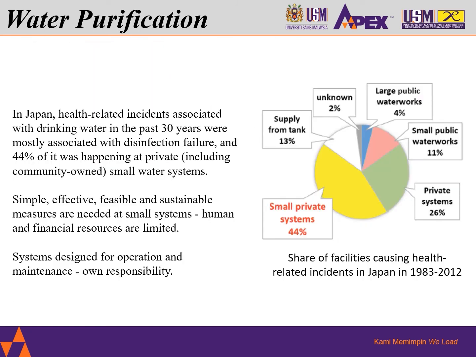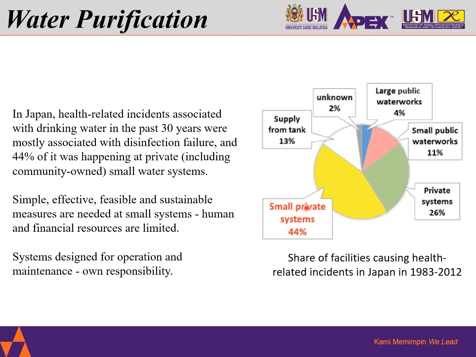In Japan, health-related incidents associated with drinking water over 30 years were mostly associated with disinfection failure. If you have been to Japan, unlike Malaysia, we can drink directly from the tap water. Based on the study, 44% happened at private systems, including community well owned and also small water systems.